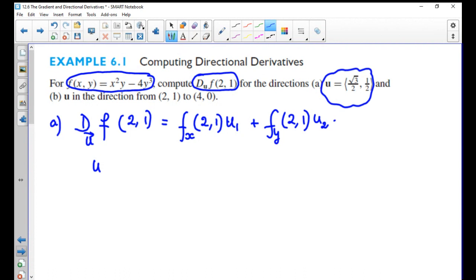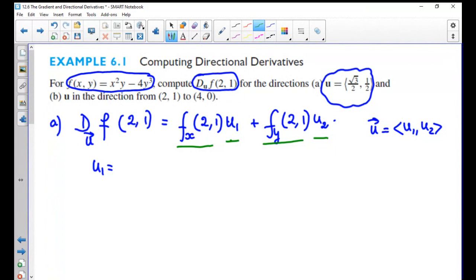So what is u1 here? U is always in the form (u1, u2). So we need four things. We need this, this, this, and this. What is u1 here?